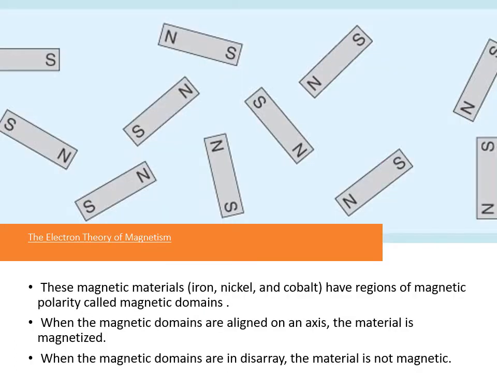Ferromagnetic materials, such as iron, nickel, and cobalt, have these magnetic domains associated with their electrons. When these domains are in disarray, or randomly spread around, the material is not magnetized. But if we can get these domains to line up, then the material will become magnetized.